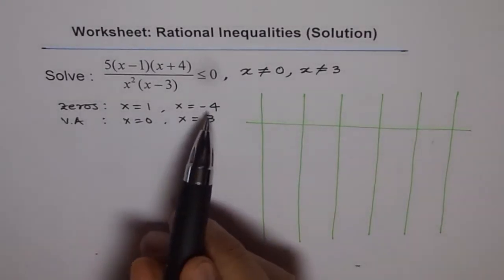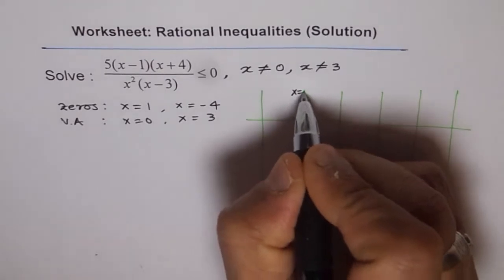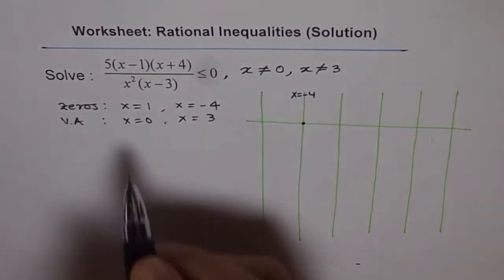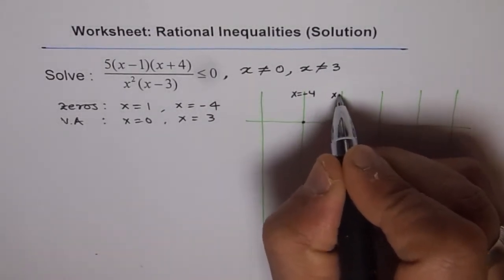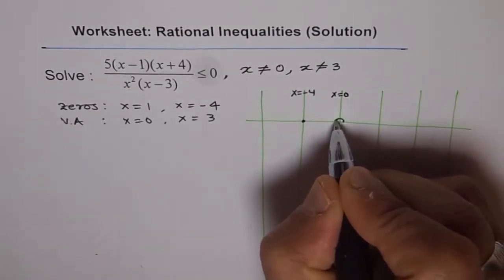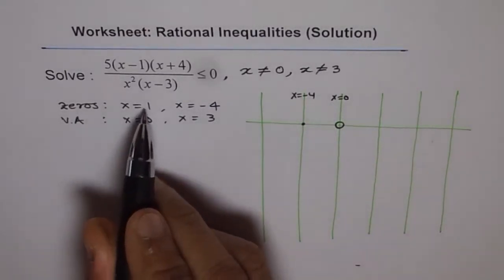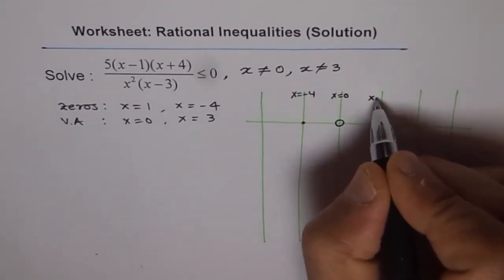So we have a zero at minus 4. We say, well, this is x equals minus 4, and we have a zero here, okay? And then we have a vertical asymptote at x equals 0. This is x equals 0, and we have a vertical asymptote. That means it is not in our domain, okay? And then we have a zero at x equals 1.